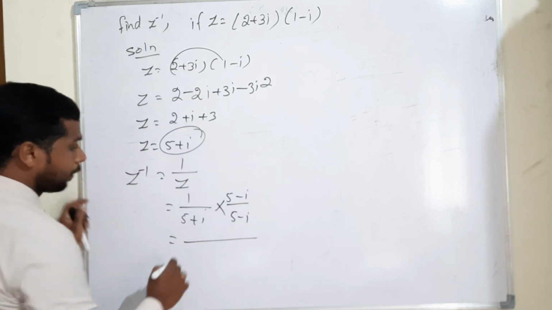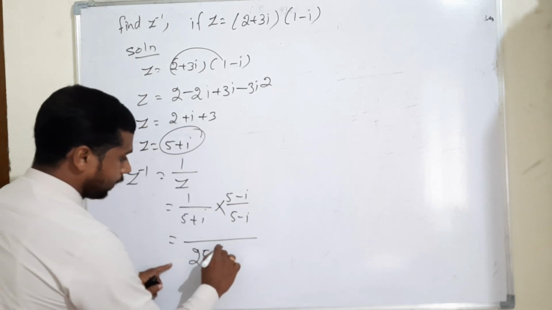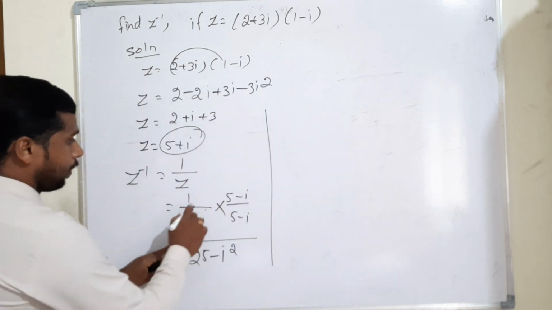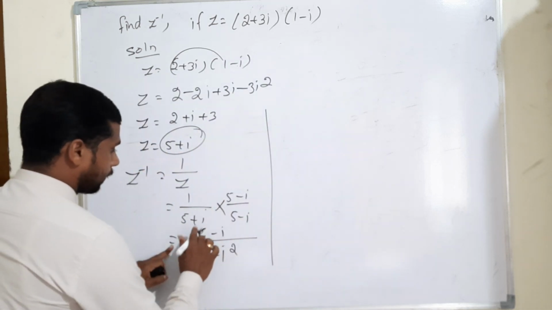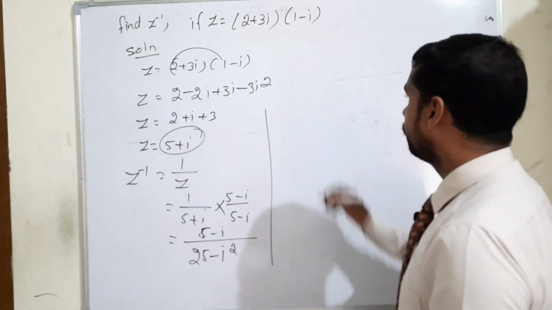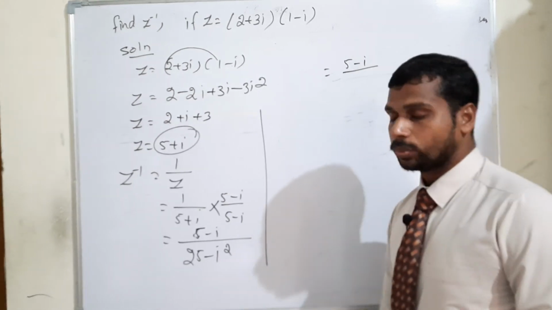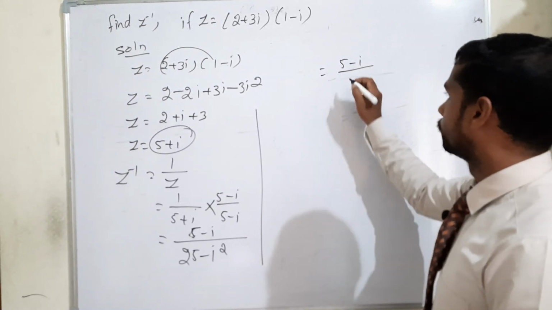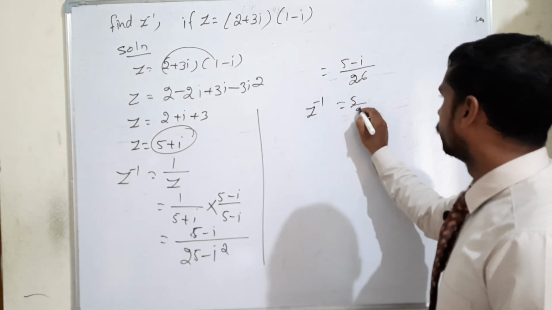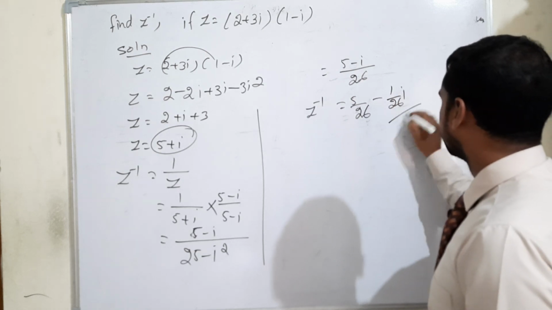The denominator in the form (a plus b)(a minus b) means 25 minus i square, but the numerator stays as it is, 5 minus i. Therefore 5 minus i divided by, with i square being minus 1 and a common minus, minus into minus plus, 26. This is called Z inverse. Z inverse is equal to 5 by 26 minus 1 by 26i. This is our final term.